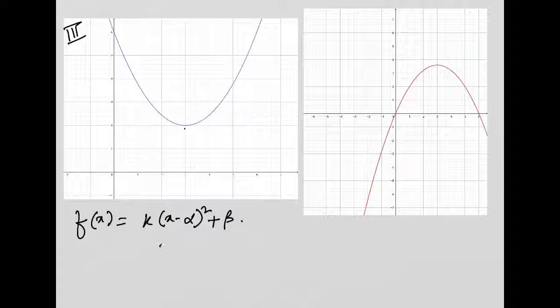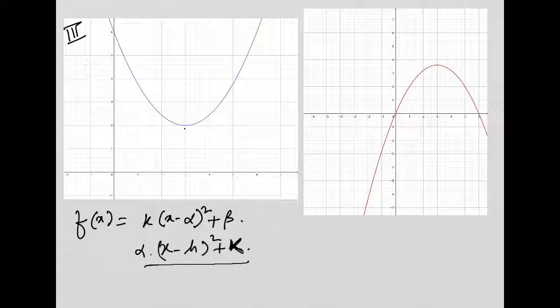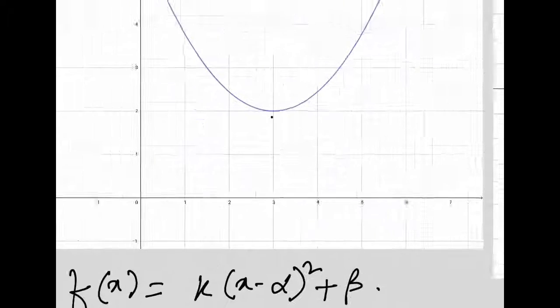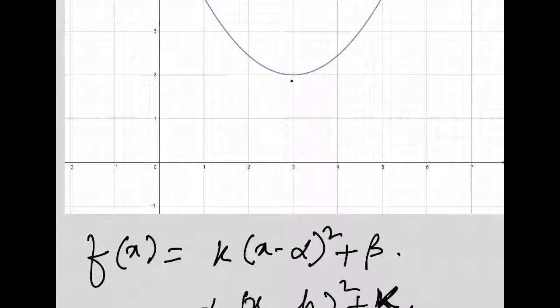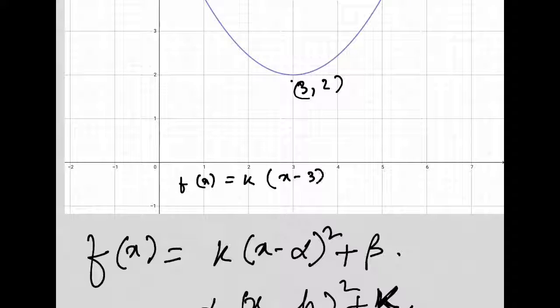You can write it either way, (x - h) whole square plus k, and consider some different constants like alpha, beta or h, k, whatever I want. Now for this, the turning point is (3, 2). So I can express it that f(x) = k(x - 3) whole square plus 2.